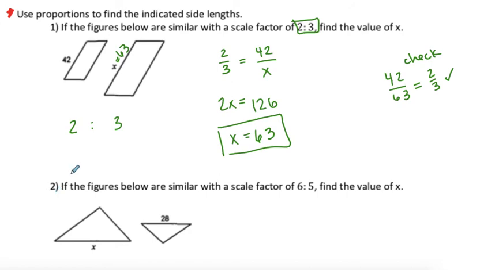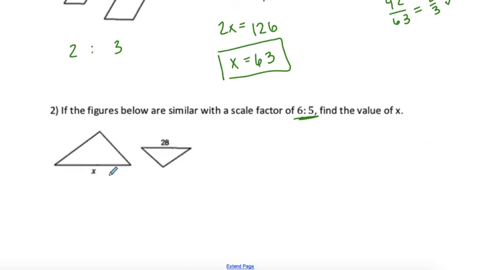So in our last example here, it says if the figures below are similar with a scale factor of 6 to 5, so again, we want to make sure that we're looking at 6 bigger object, 5 smaller object. So if 6 goes with 5, that must be the same way that x goes with 28. Cross multiply to find the value of x. 6 times 28, I get 168.